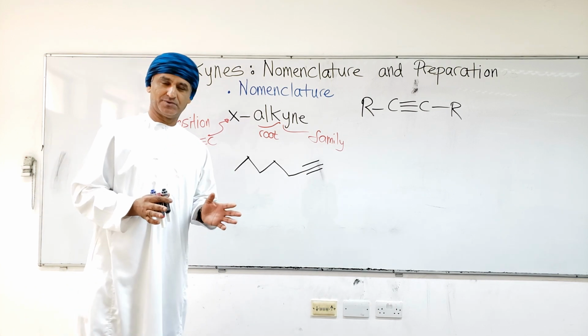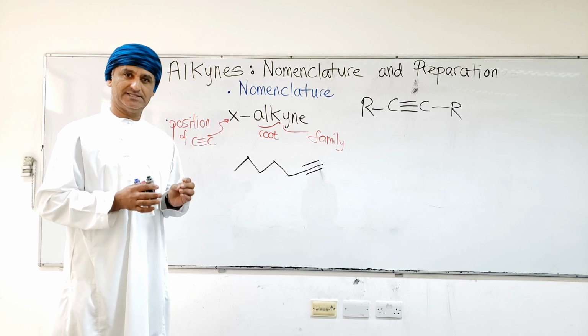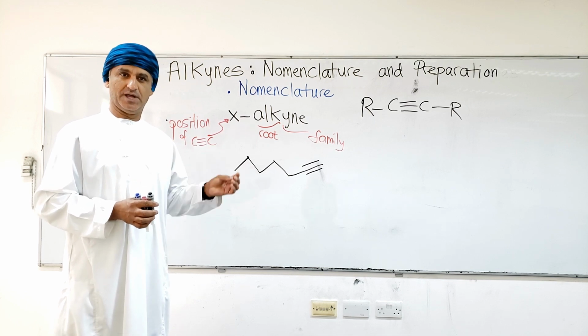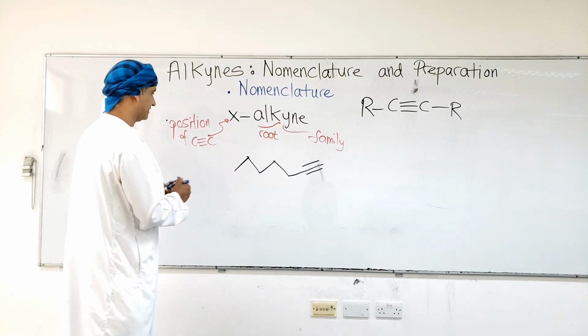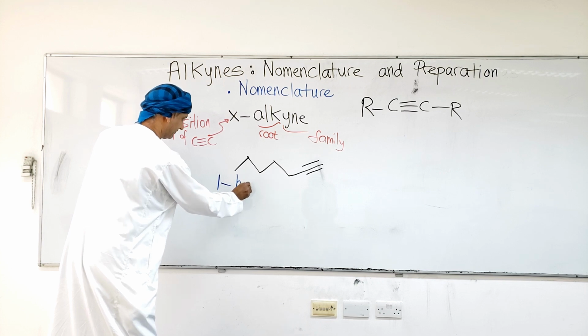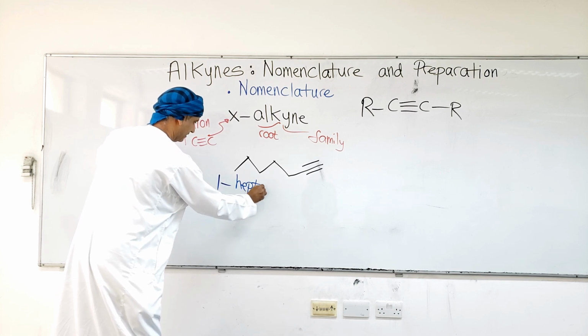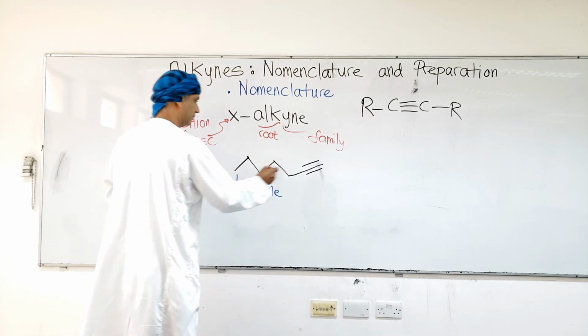IUPAC rules favor a smaller set of numbers, and obviously 1 is better than 6. So in this case, the name of the compound is 1-heptine.